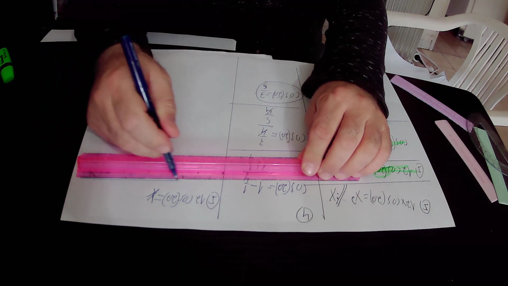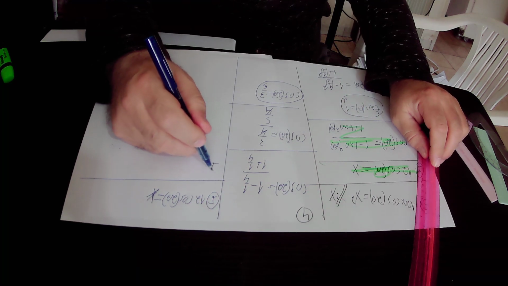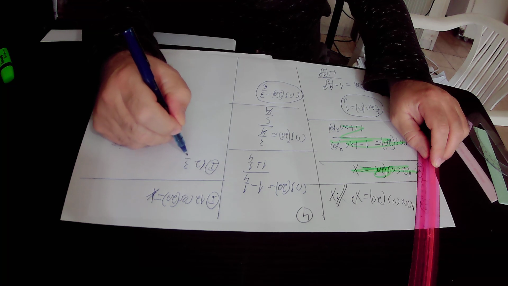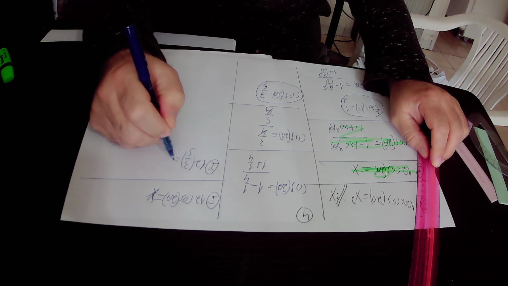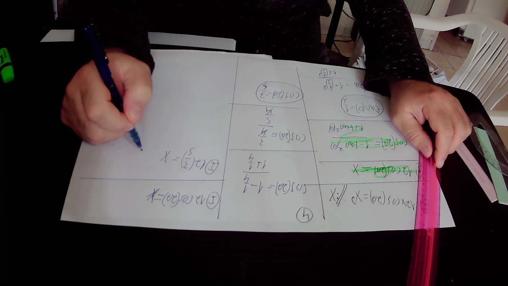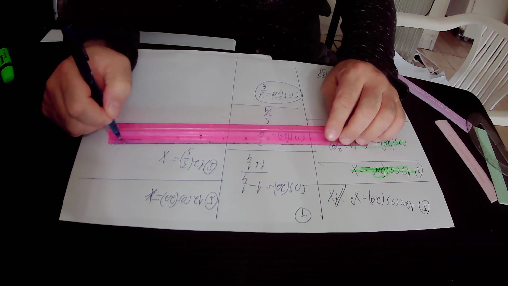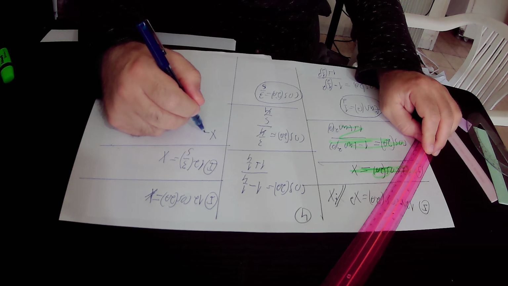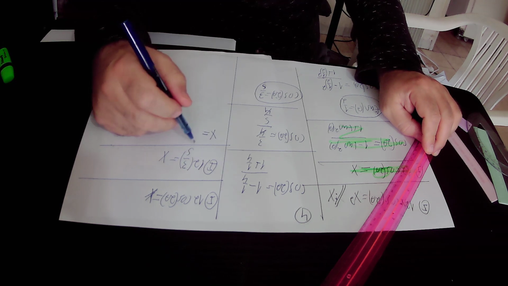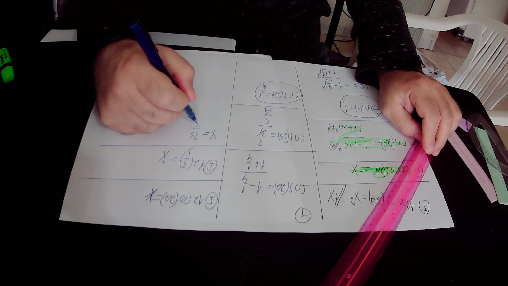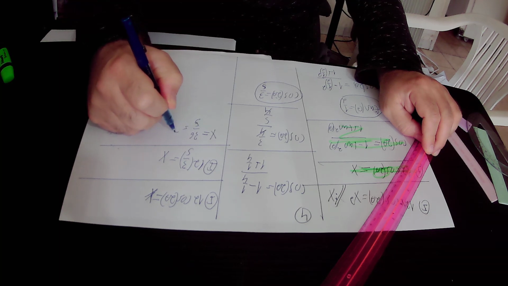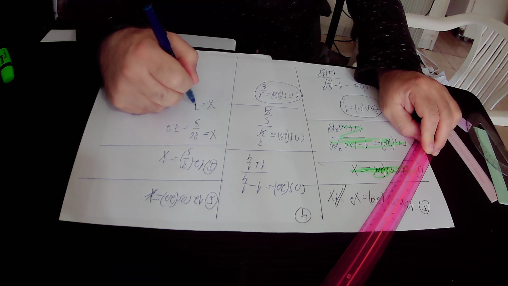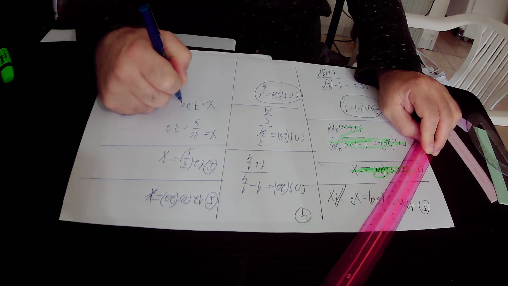We'll do it now and get that 12 times 3/5 equals x. So x equals 12 times 3, that is 36 over 5. 36 over 5 is 7.2. So we found out that x equals 7.2 units.